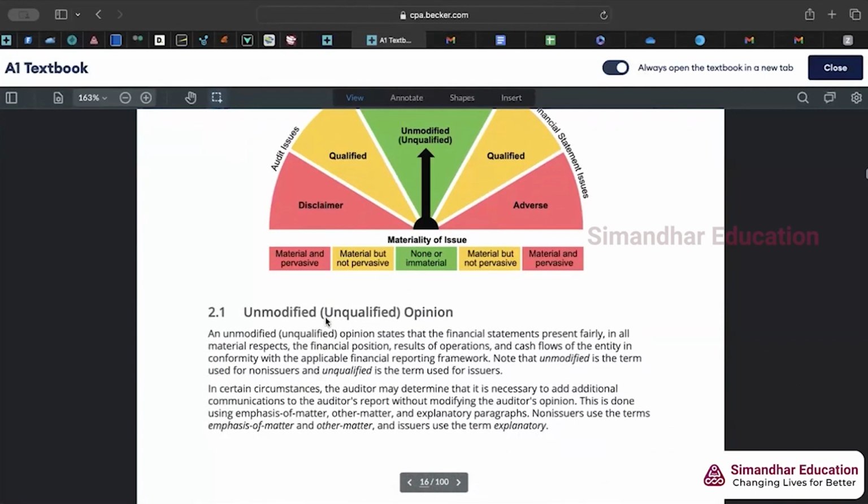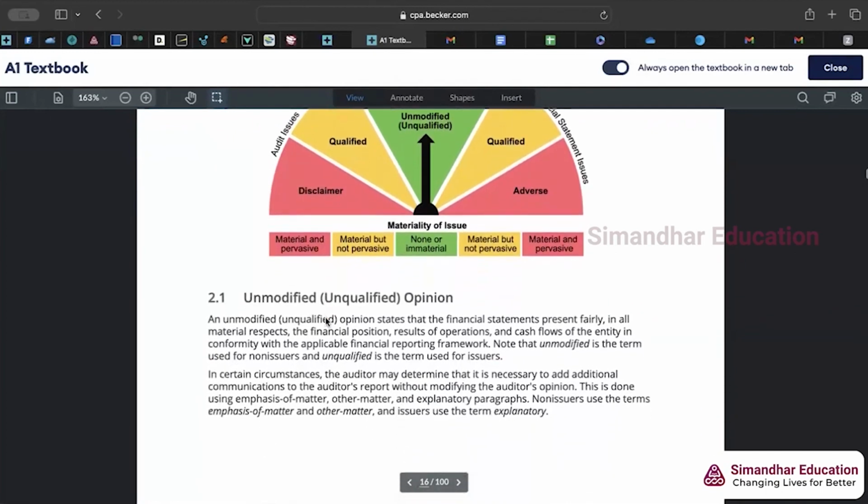Okay. Now, let's backtrack, go into what are the opinions and what is the nature and how it is presented. When we talk about unmodified or an unqualified opinion, unmodified term is used for non-issuers and unqualified term is used for issuers.